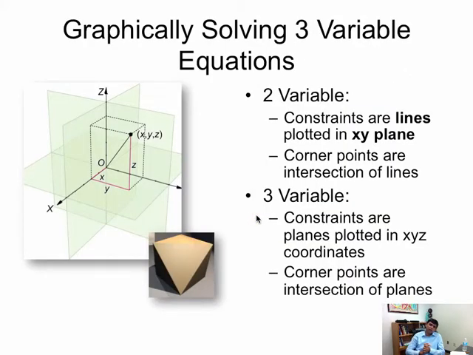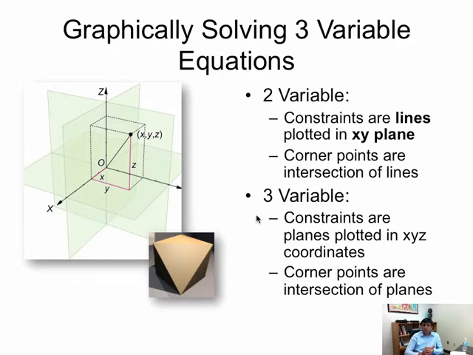So far, our LP problems had only 2 variables. How about if we have 3 variables? In that case, the graphical solution will have to be solved using x, y, and z coordinates. You can already see that the solution will be complex, and here is the difference between the 2 variable and the 3 variable. In 2 variables, the constraints are lines plotted on an xy plane, and in 3 variables, the constraints are planes plotted in x, y, z coordinates.